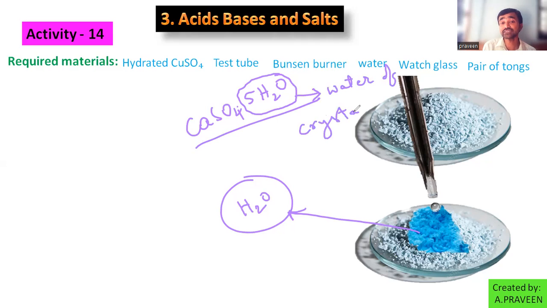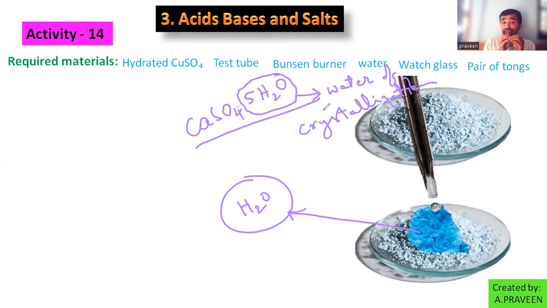This is the definition: the number of water molecules present in the dried salt is called water of crystallization. In the composition CuSO4·5H2O, the 5H2O represents the number of water molecules present in the salt, called water of crystallization.